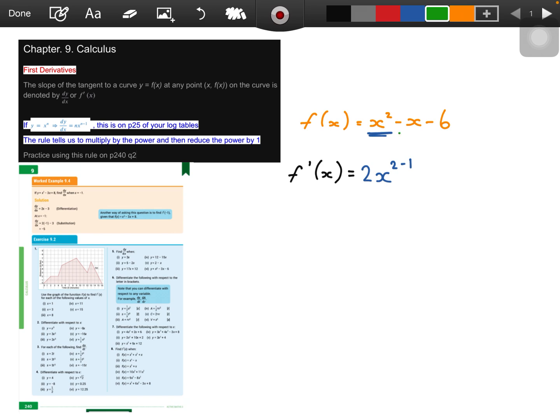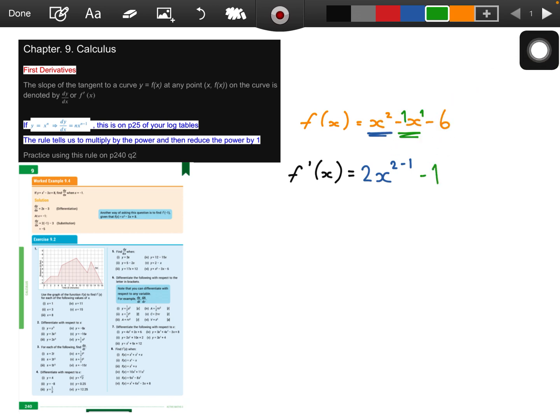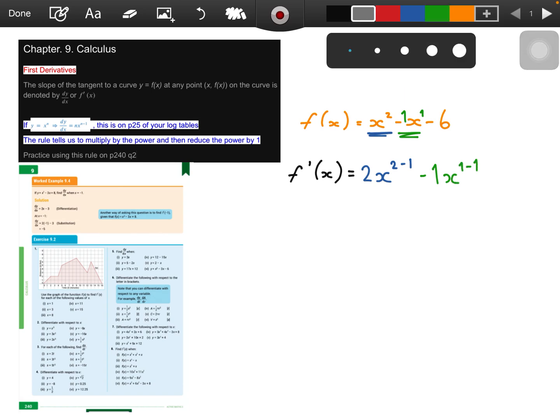Then my next one is minus x, or minus 1x, if we want to put a 1 in there. That's an x by itself, so it's an x to the power of 1. So when we multiply this 1 by what's in front, we're going to still get minus 1, and we're going to have x to the power of 1 minus 1.